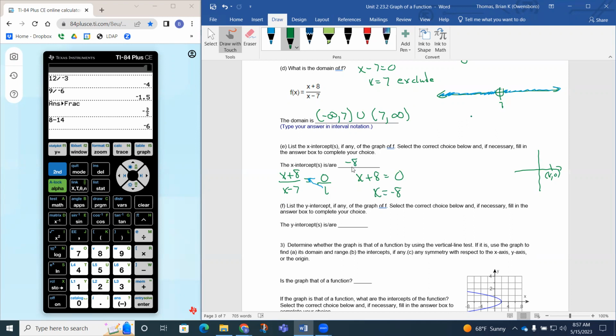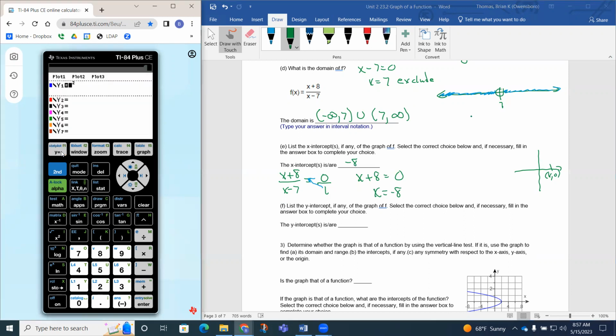x-intercept. If I was using technology, what I could try to do is graph this. So if I type in f of x, y equals, I put x plus 8 on the top, using the fraction button, and x minus 7 on the bottom.